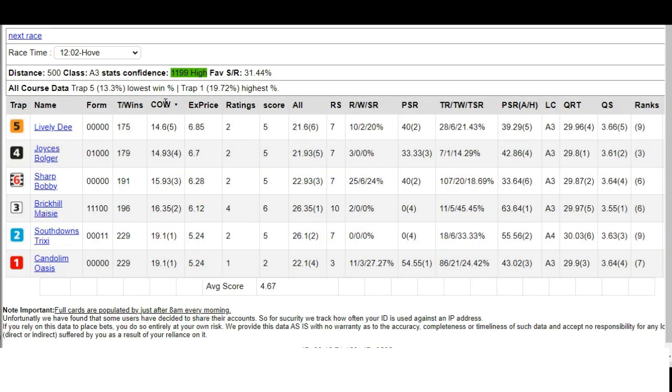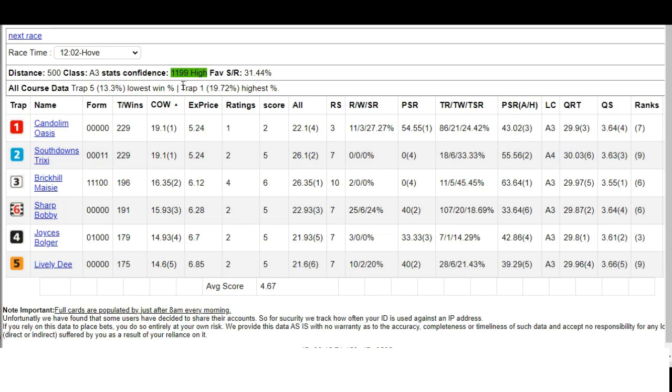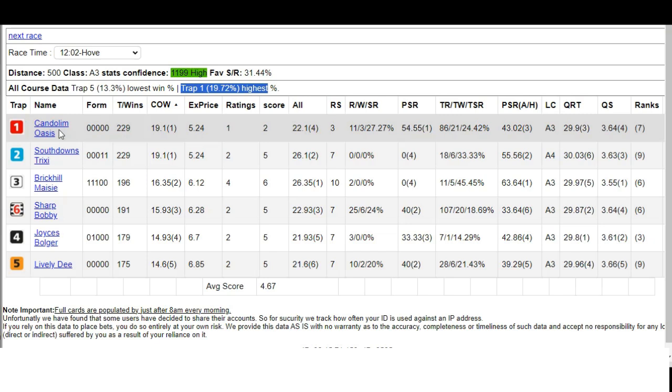So we go back to the chance of winning column. We also want to know, I think, that the highest trap winner is in it as well, and again it's the trap with the highest chance of winning. They're not always the same, because one is from All Course Data and this one is from just distance 500 class A3, that kind of thing.